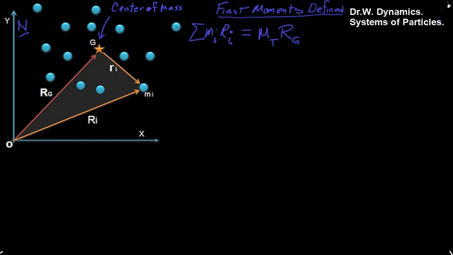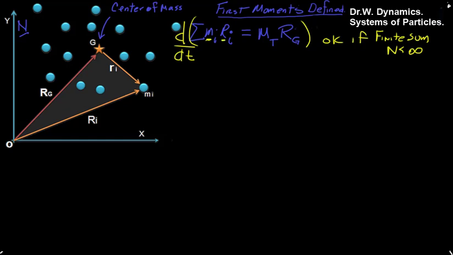If we look again at the first moment equation, we can take the derivative of both sides of this thing in time. And we're allowed to do that if it's a finite sum. And we'll assume that the overall mass of the system is constant, so that the derivative of the mass is 0, and we only have to worry about the derivatives of their locations.